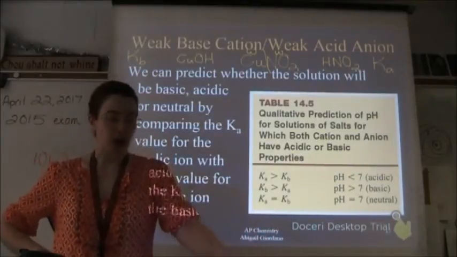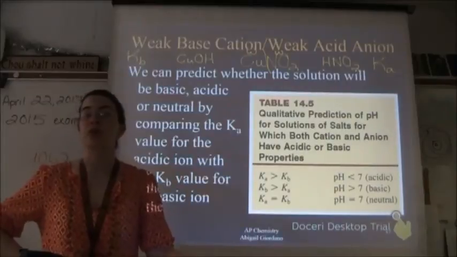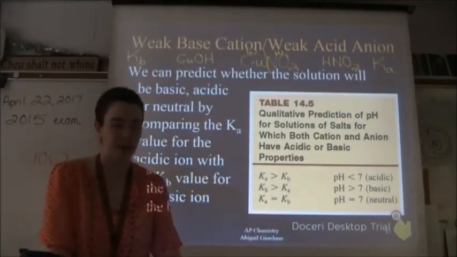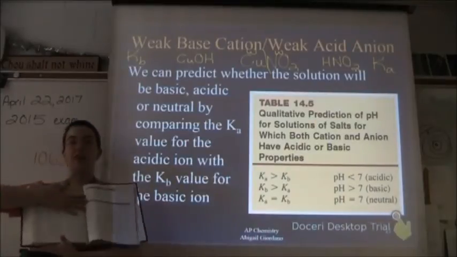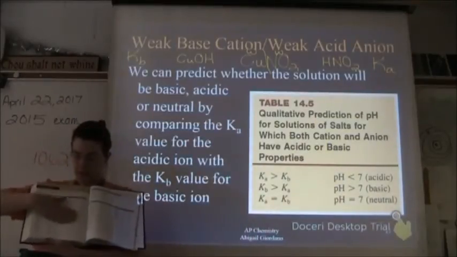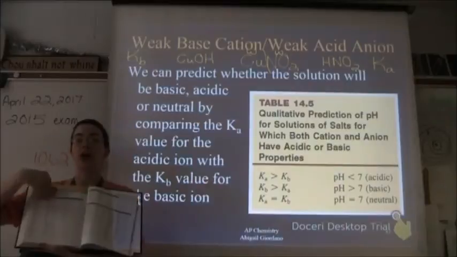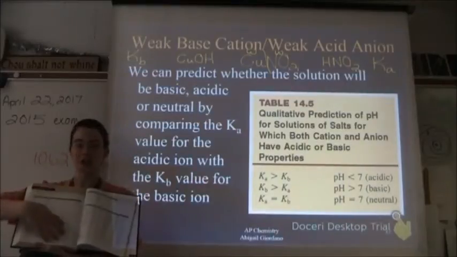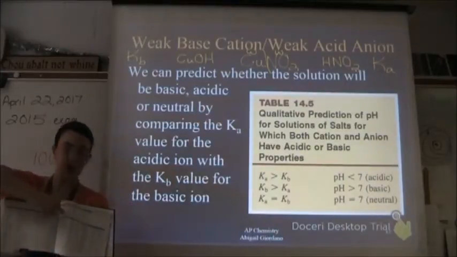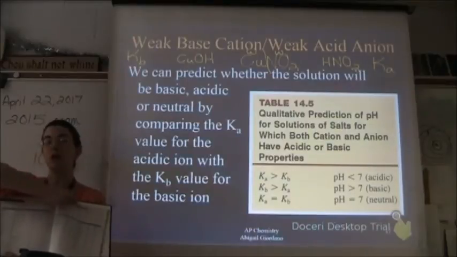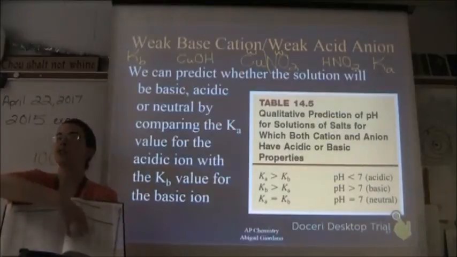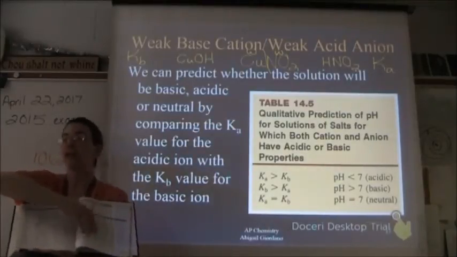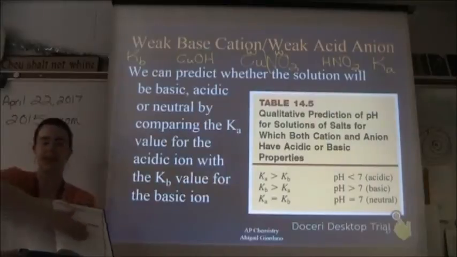Some of the problems in your problem set will reference this appendix in the back of the book. And guys, what's there? On this page, you have a big chart of Ka values. What you have in this smaller chart here are some Kb values. The chart that's down here we will deal with in our next chapter. Those are called Ksp's, but we'll get to that next chapter.